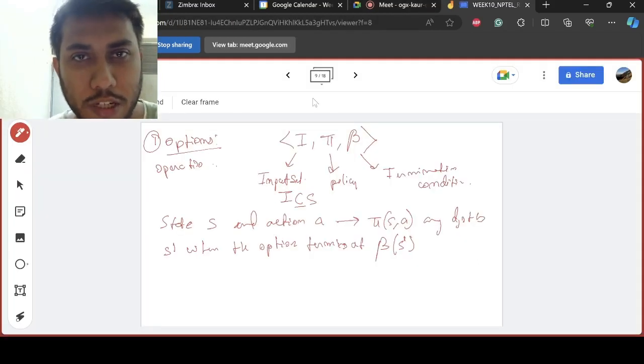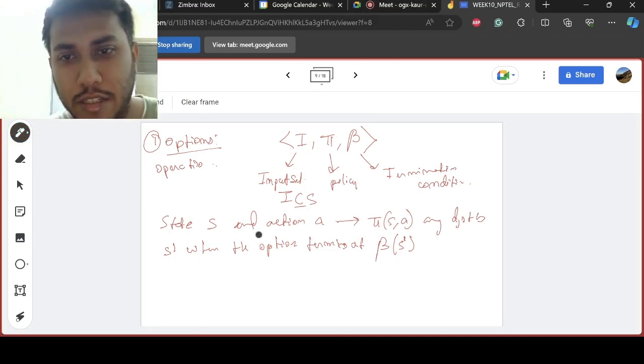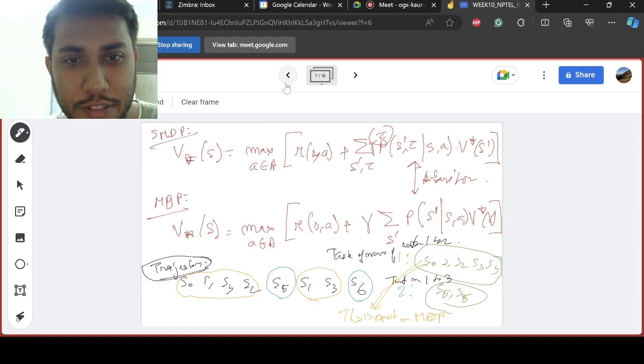Option is, as I told you, in this example. Let me rewrite this example.